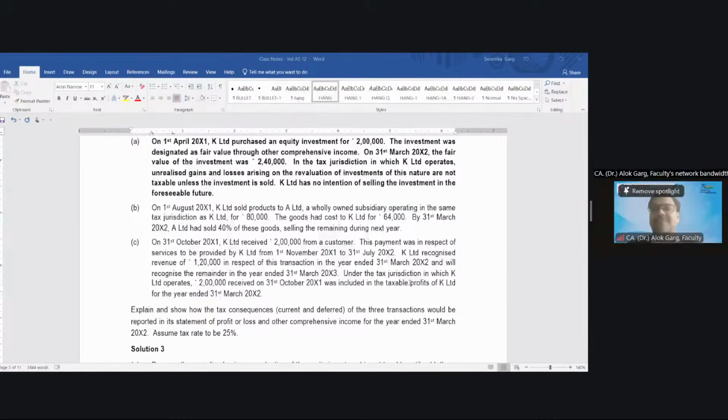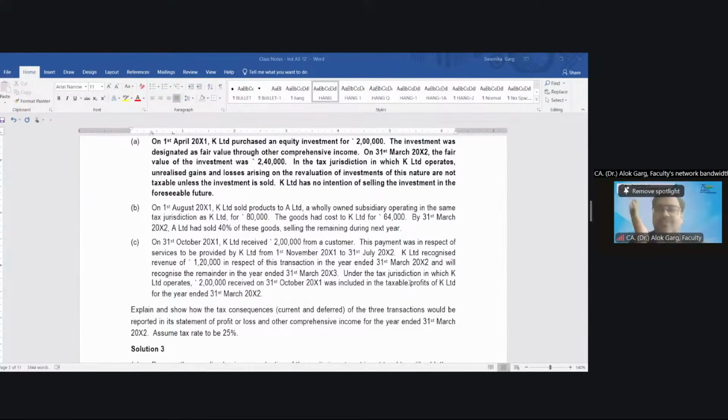A father has 64,000 rupees of inventory. He has sold that inventory to his son for 80,000. So what is the cost to the family for that inventory? 64,000. It is just like money moving from one pocket to another pocket.